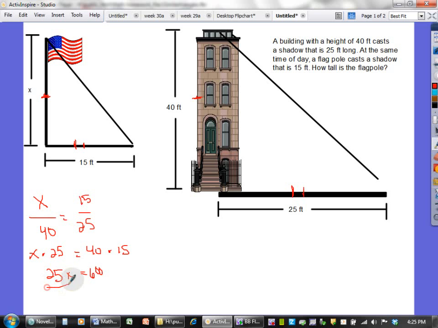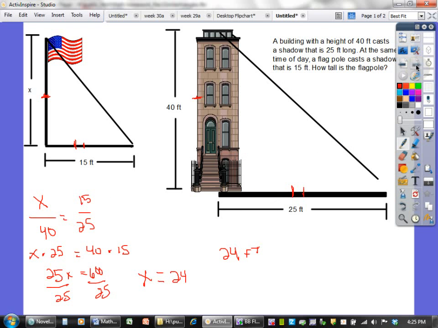And then I would divide both sides by 25 to find out that x is equal to 24. So we would say the height of the flagpole is 24 feet tall. And all we have to do is set up our corresponding triangles.